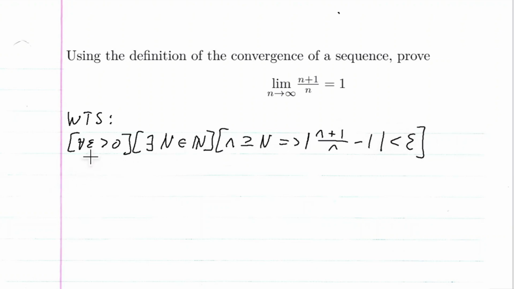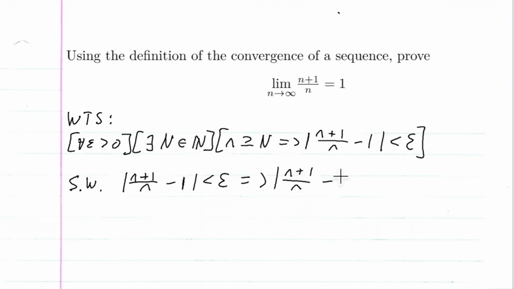Okay, so let's go ahead and do some scratch work to find a good candidate for this capital N. So we're going to do |(n+1)/n - 1| is less than epsilon. So we can rewrite this 1 as n over n, so we can get a common denominator: (n+1)/n - n/n less than epsilon.